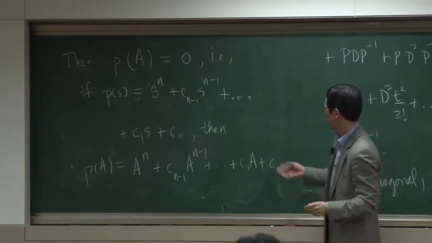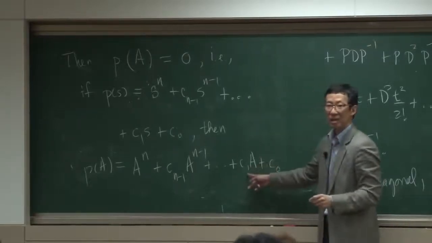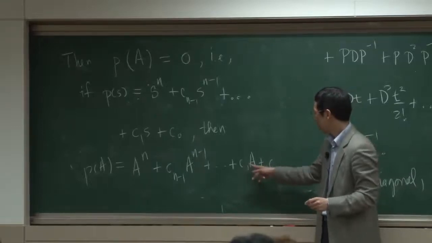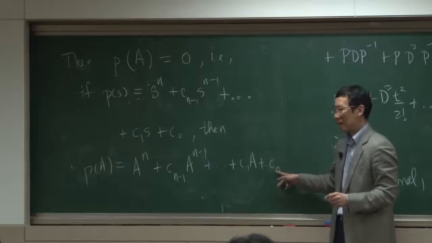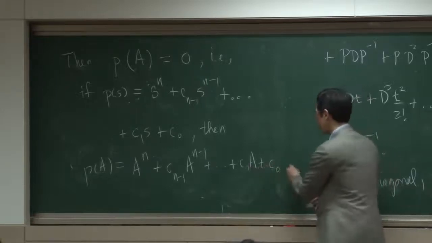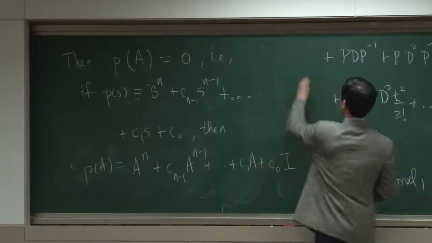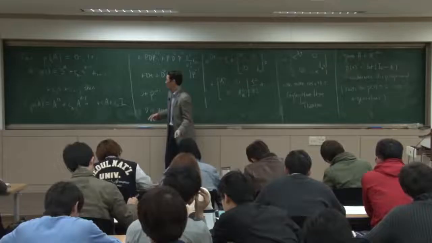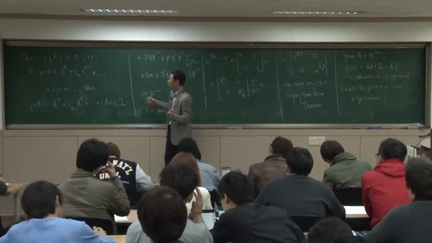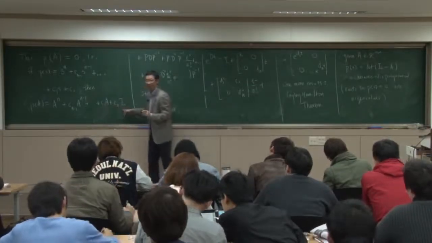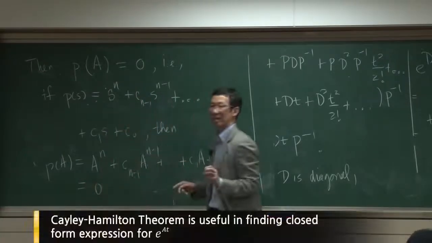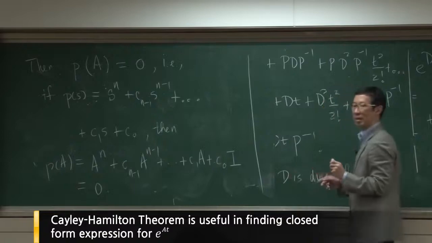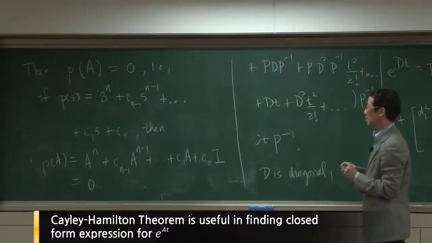Now this is a matrix, and c is a scalar. A scalar times a matrix is a matrix, and it doesn't make sense to add a scalar to a matrix, so we have an I here. What the Cayley-Hamilton theorem says is that this is equal to 0, a zero matrix.